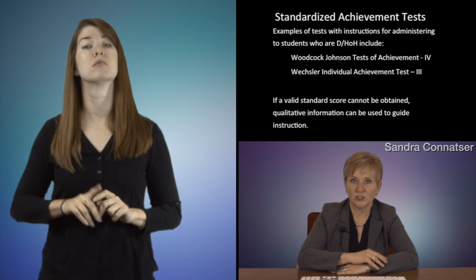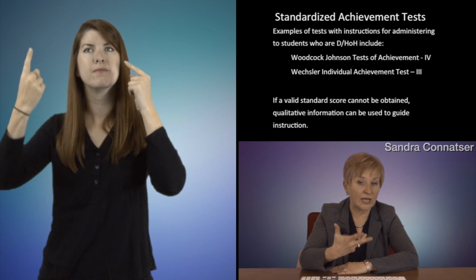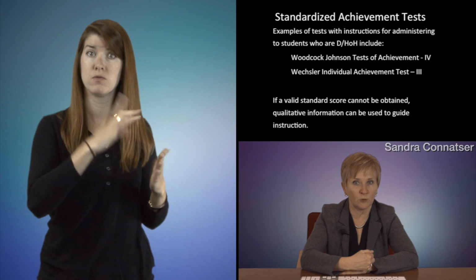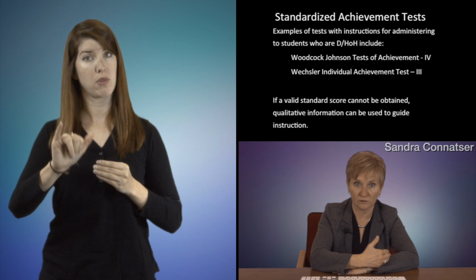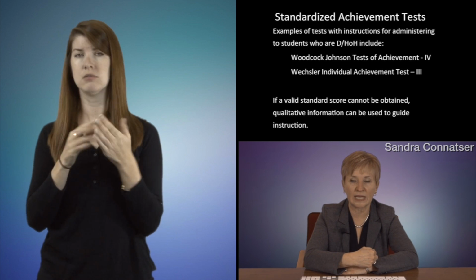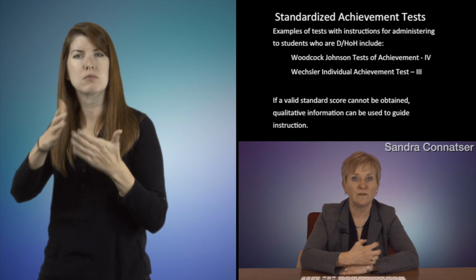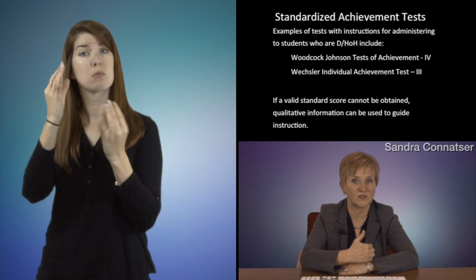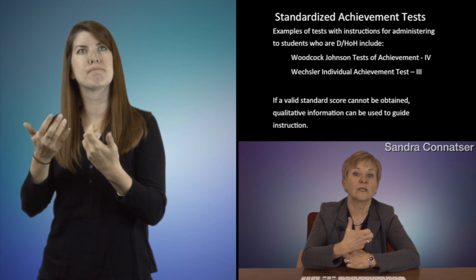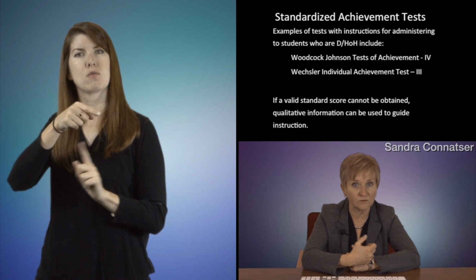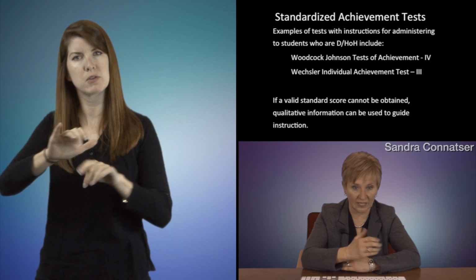However, when an achievement test or a cognitive evaluation is performed, even though we may not be able to use the numbers that those tests yield, it's still important to know that that information can be used for qualitative purposes. That information can still help us understand how we need to have conditions and accommodations in place for your child to be successful and where your child is performing at that time.